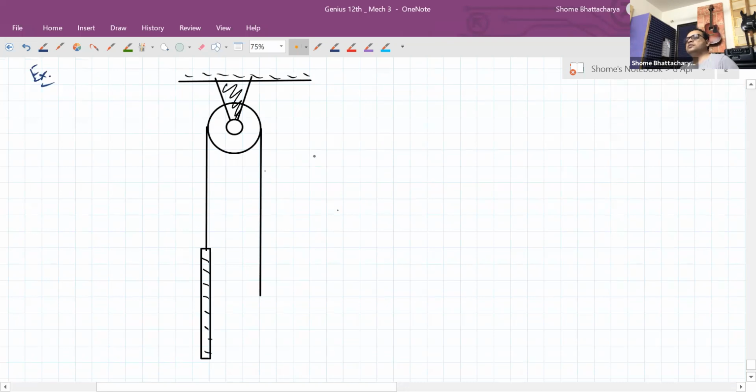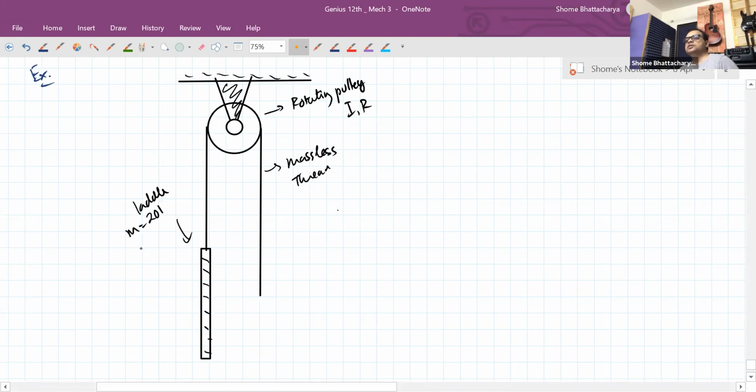So this is a massless thread, but this is a rotating pulley with moment of inertia I and radius r. Now this one here, this is a ladder of mass, let's say 20 kilograms, and length equal to, let's say, 5 meters, so about 15 feet.